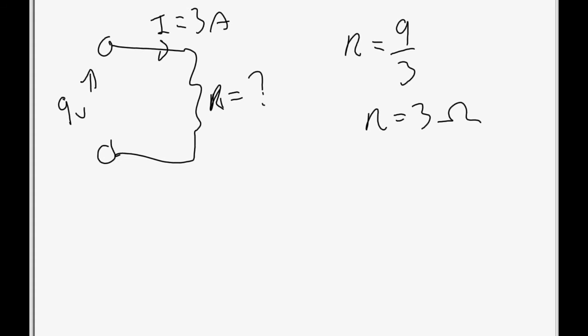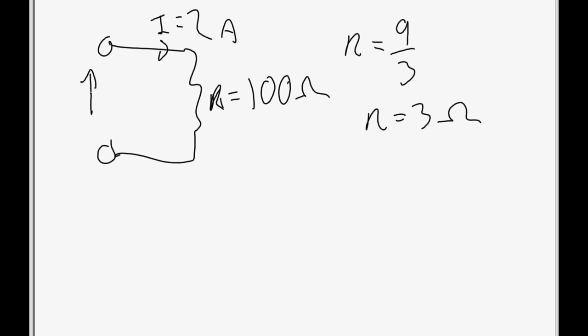Now then, you can do the same thing for V as well. You might as well top it off and just do V. Say you want 2 amps flowing in the circuit, and you have a resistor of, let's say, 100 ohms. How much voltage do you need to apply?